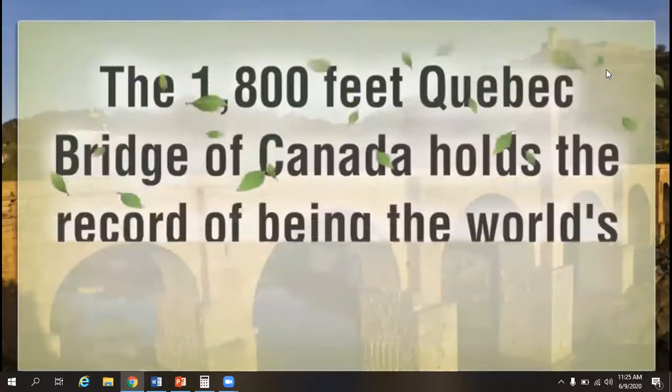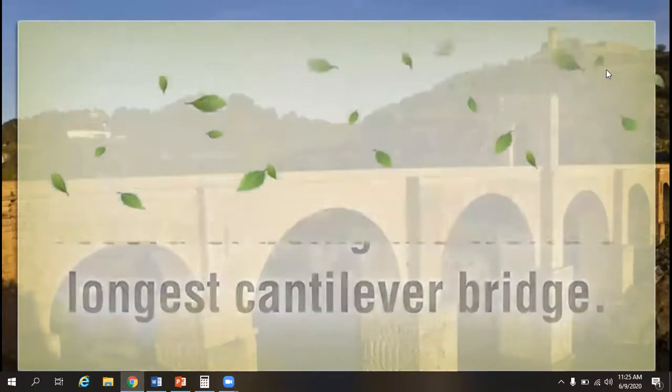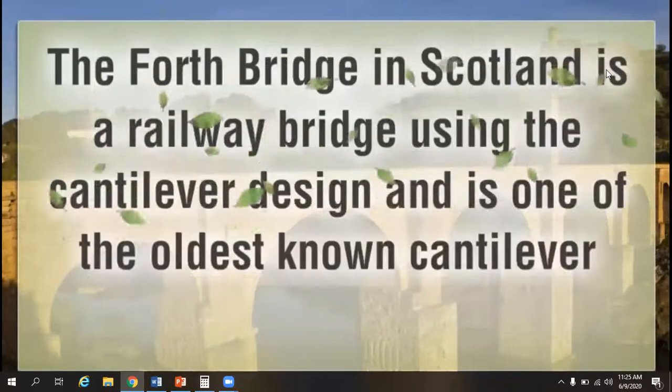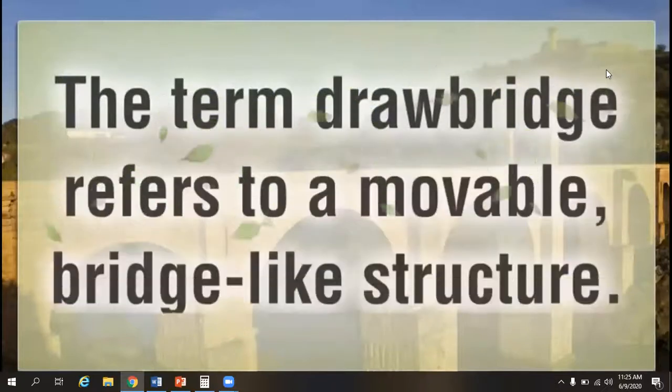The 1,800 feet Quebec Bridge of Canada holds the record of being the world's longest cantilever bridge. The Forth Bridge in Scotland is a railway bridge using the cantilever design and is one of the oldest known cantilever bridges.